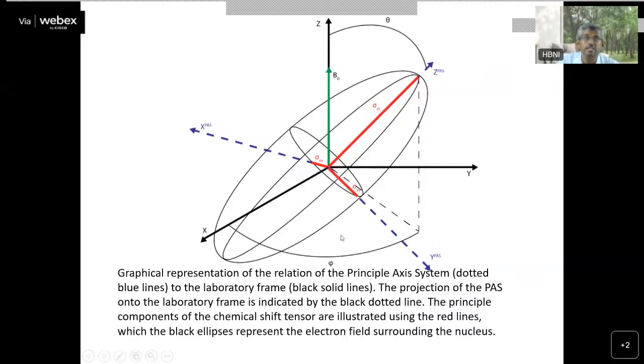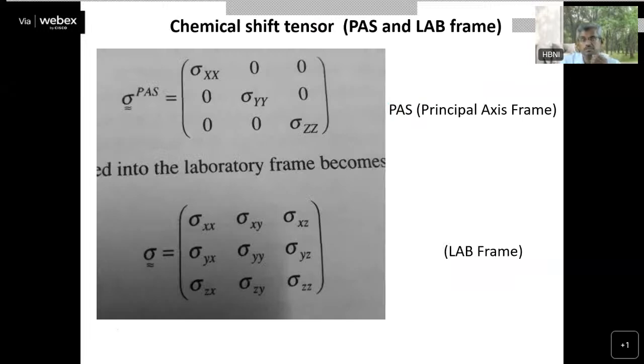You see the sigma xx, sigma yy, and sigma zz. These are the principal components of the chemical shift tensor. The x, y, z are the laboratory coordinate system, and the dotted lines are the principal coordinate system, the principal axis system. In this principal axis system, we have three components: xx, yy, and zz. These parameters can be calculated also in the case of the chemical shift tensor.